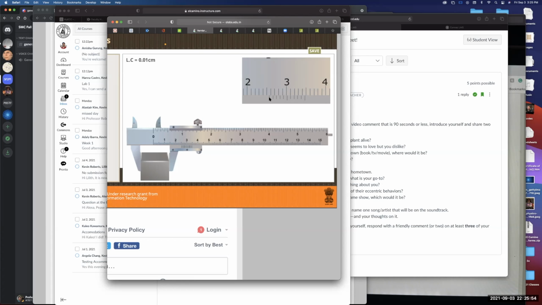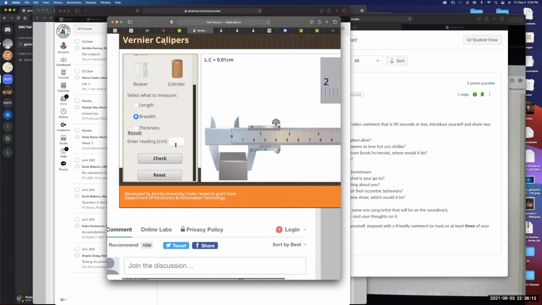So 2.6, 2.7. That's 5 here. The longest ones here are 5. So 2.5.5, I think, or 0.6. I'd say 6. Okay, this one does work, by the way. So it's 2.56.